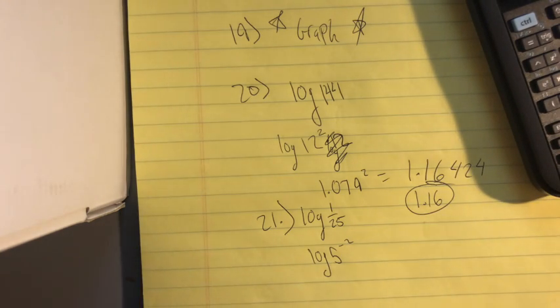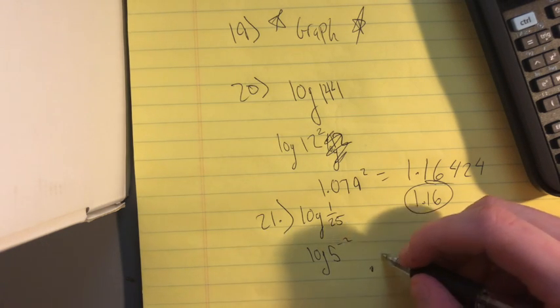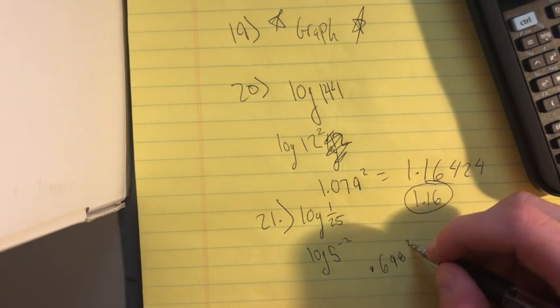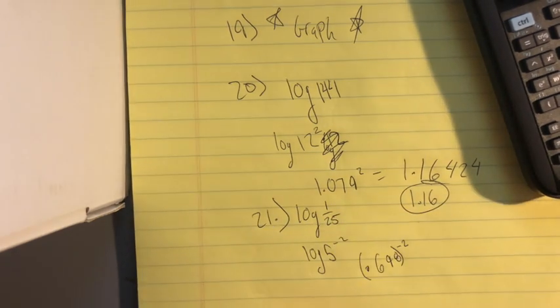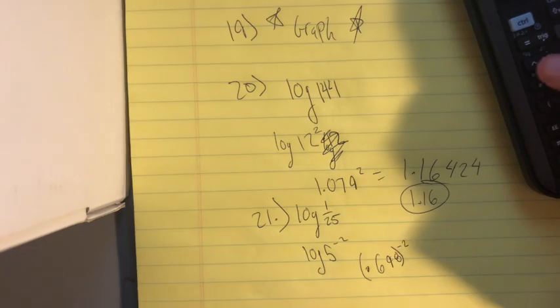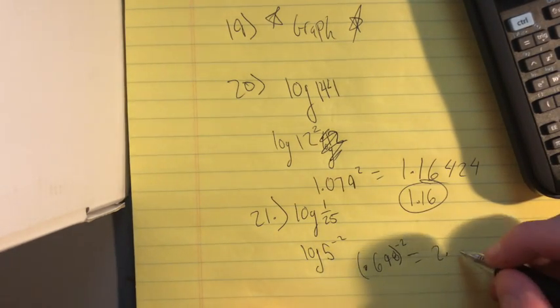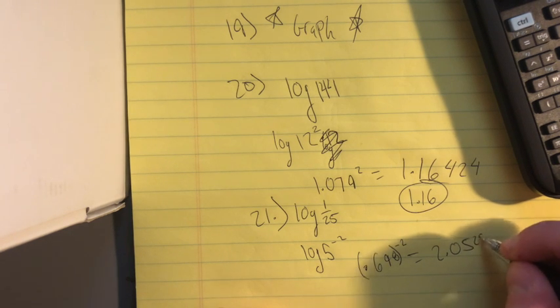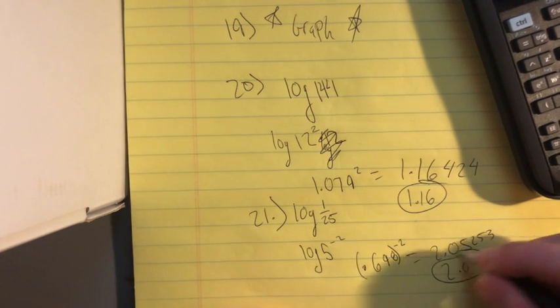Yeah, 5 to the negative second. So if we plug that in, it's 0.698 to the negative second, which is 2.05253. His final answer is 2.05.